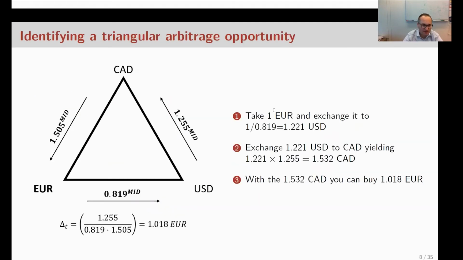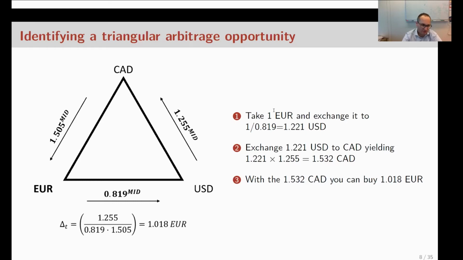Now, just a quick example of the main ideas behind this measure. Here we're showing on the left-hand side the triangle for these three currencies that I mentioned in the example: the euro, the US dollar, and the Canadian dollar. And the trading approach is very simple.